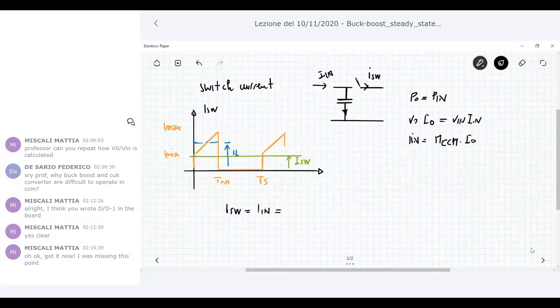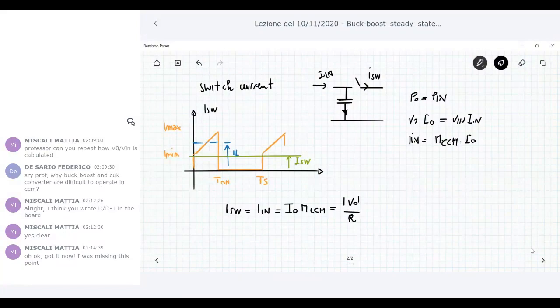So this is I0 times M CCM. I0 is V0 over R. We can also take the absolute value, because remember that V0 is negative in the buck boost, and then you have D over 1 minus D.